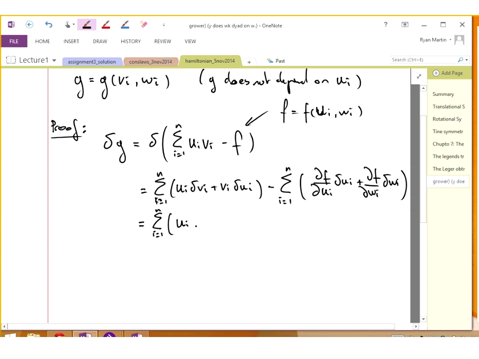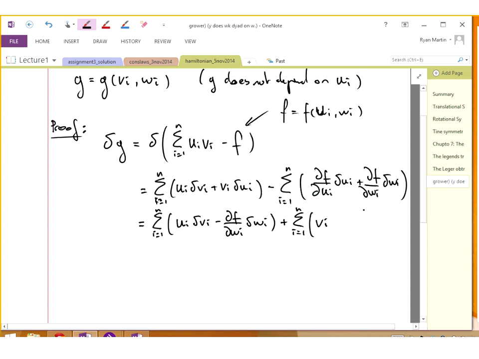So sum from i equals 1 to n, I have ui delta vi minus the term with the delta w's in it, which is ∂f/∂wi delta wi, and then plus the sum from i equals 1 to n of now the terms with delta ui's in them.